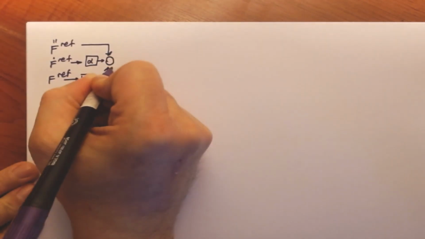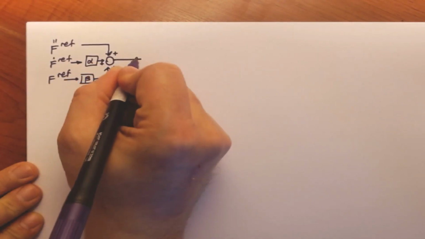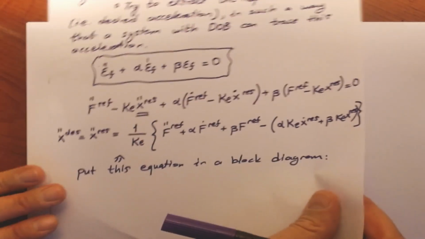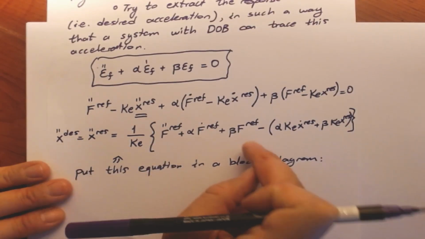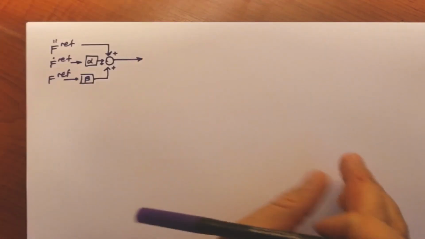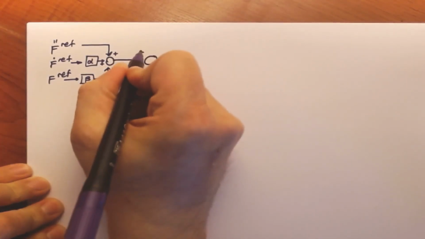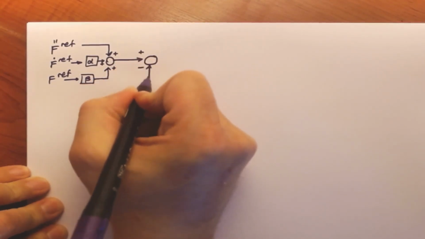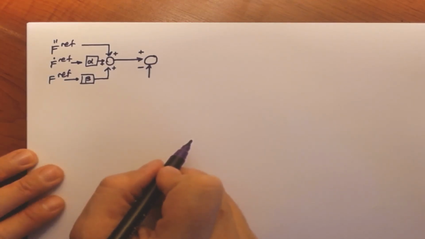All of them are summed up at the summation point. So this is that part of the equation. From this I need to subtract the feedback side. So put this as a whole and use a minus sign to subtract alpha KE X dot response, beta KE X response.